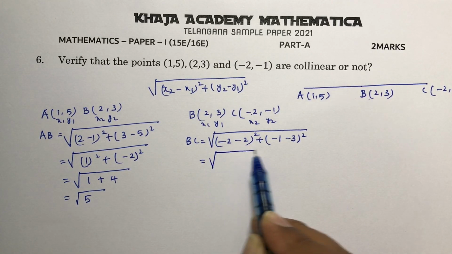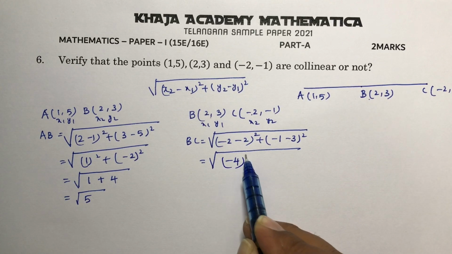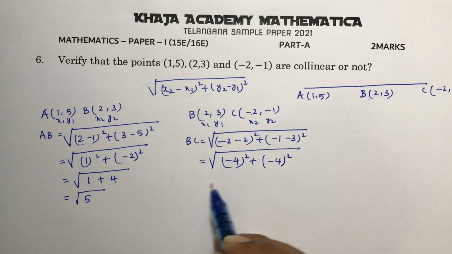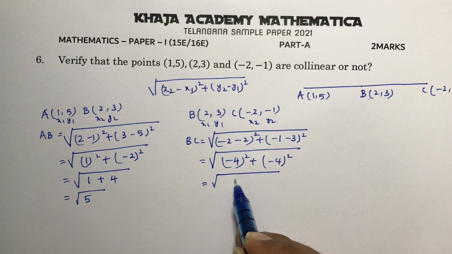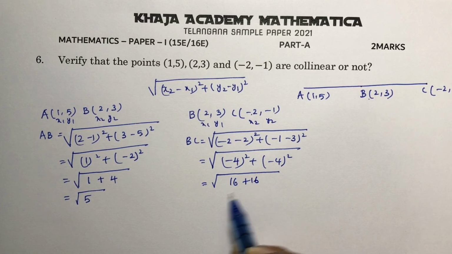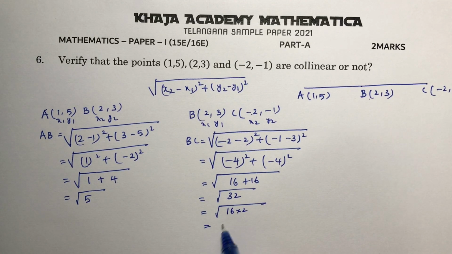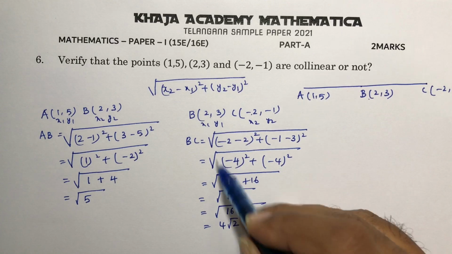So it is nothing but minus 4 whole square, and here it is minus 4 whole square. Minus 4 whole square is 16, plus 16, that is root 32. Root 32 you can write as 16 into 2. So root 16 is 4, root 2. So BC distance is 4 root 2.